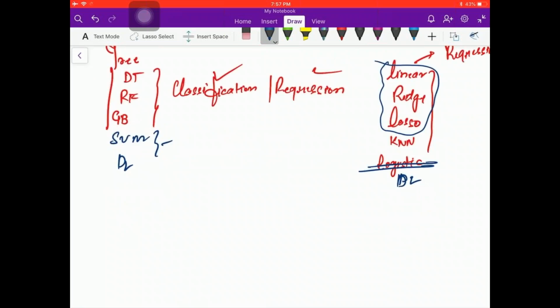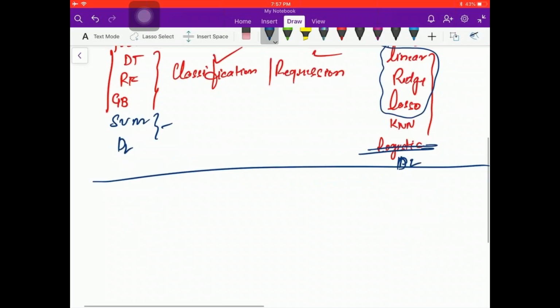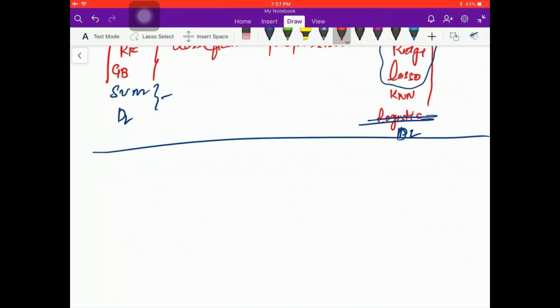Okay, so we have seen supervised learning. Now coming to unsupervised learning. Unsupervised learning unfortunately, or fortunately, whatever you want to say, doesn't have so many models. It's kind of very simple, and the main reason is that if you don't have your y, there is basically no sense of analysis.